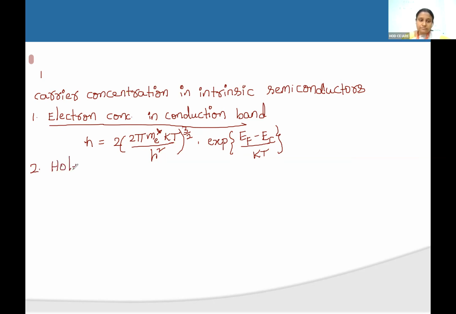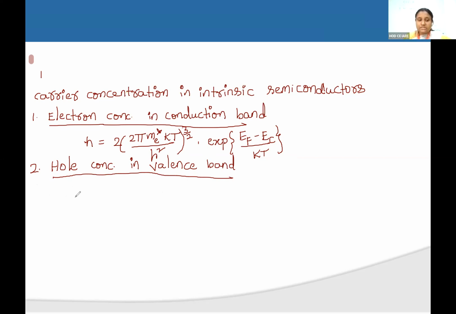Right, students? Yes, ma'am. I think we simplified the equation for density of energy states as well as the Fermi-Dirac distribution function, right? So what is the expression we have taken for hole concentration?